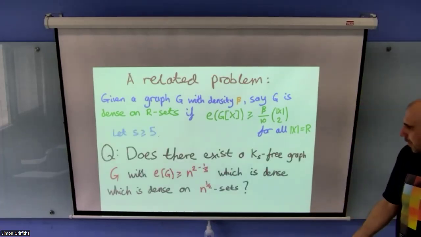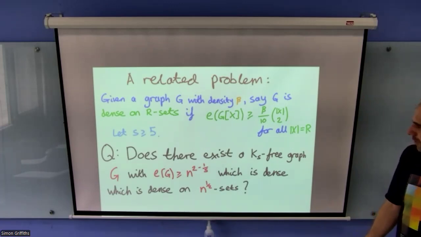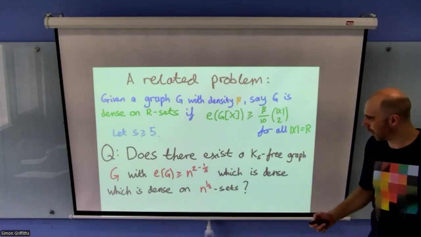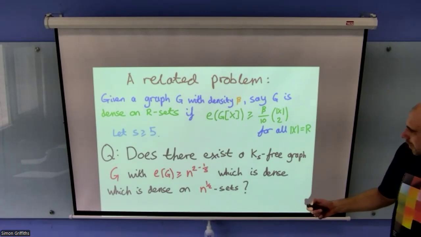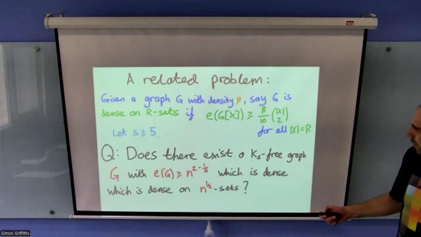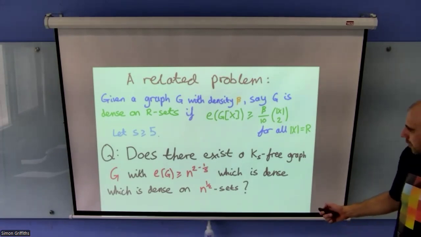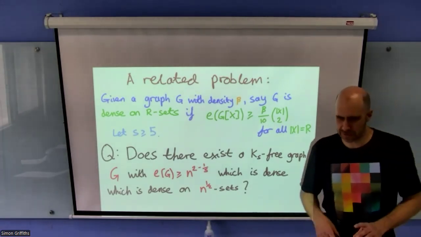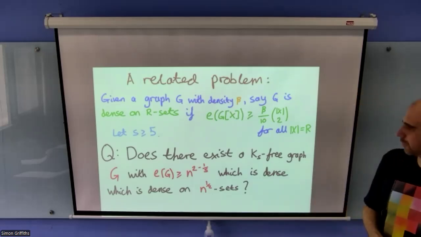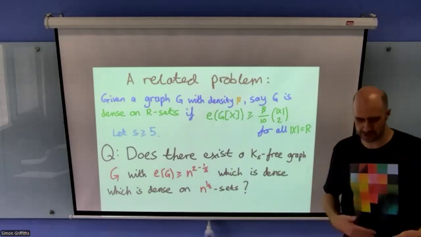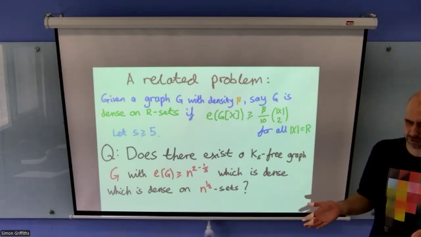And basically what you want to do is, for S at least 5, I'll put it as a question: does there exist a K_S-free graph G with the number of edges being n to the 2 minus 1 over S, a function of S obviously, which is dense on sets of size root n? We don't need to go through the details, but if you can find such constructions, such graphs, you can use these.